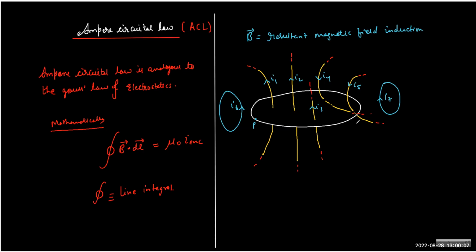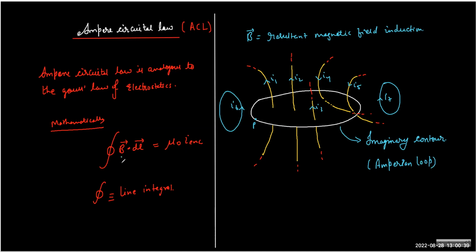And the contour which I have drawn is an imaginary contour. In technical terms, we call this an Amperian loop.